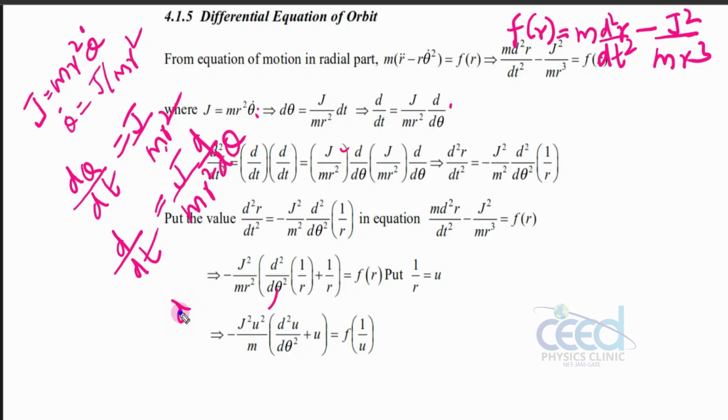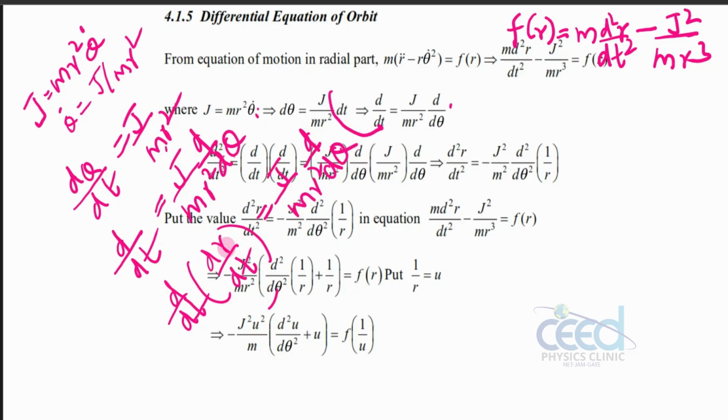Now with this operator I am working on d by dt of, and I am plugging in dr by dt. Then I can write J by mr square into d by d theta of dr by dt.